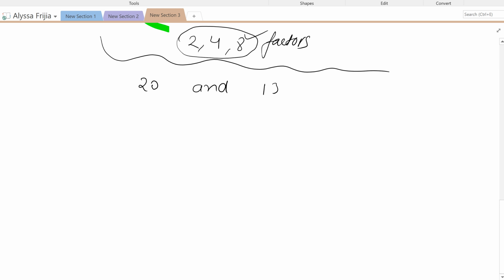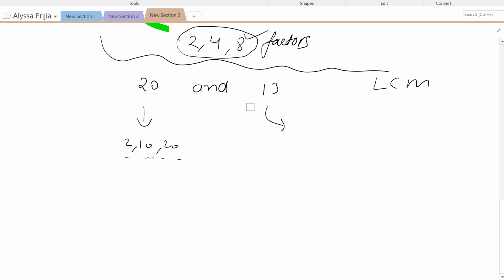That means 13 is not divisible by anything else. It's just 13 times. So 20, we know that 20 is divisible by many numbers, like 2, 10, 20. So we have to find a least common multiple, a number which is divisible by 20 and 13.